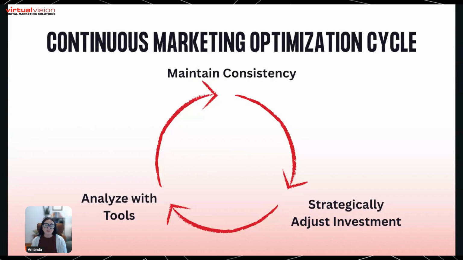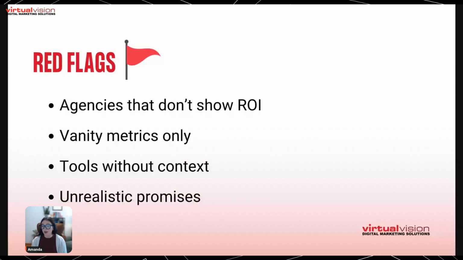So, as we look a little bit further, I think it's important to note that when we talk about auditing our marketing, there are some red flags that you need to be aware of. First of all, when we talk about red flags in marketing and marketing partners, these are some that I think are incredibly important. Number one, if you do not know or cannot track the ROI of your jobs, that is a red flag. You need to know where things are coming from, what they are resulting in.